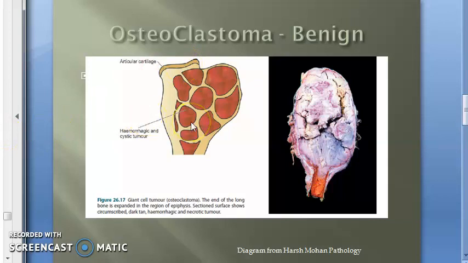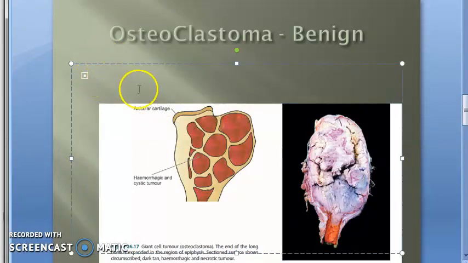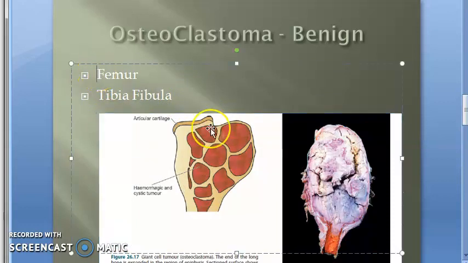Now, most common sites are what? The femur, the tibia, the fibula and the radius. So what are the most common sites, guys? Femur lower end, upper end of tibia, upper end of fibula, and then lower end of radius. So here they are saying lower end of femur. So it's more like the knee joint, right?